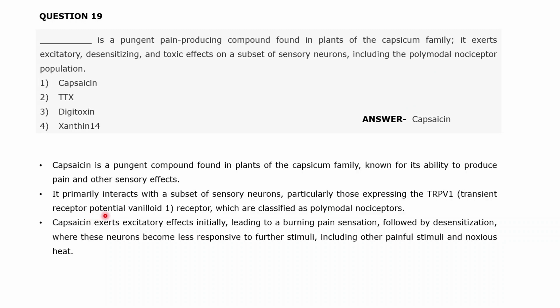So basically this effect is quite slow. It provides an excitatory effect initially, leading to a slow pain sensation, followed by desensitization, as you have read from the question, where these neurons become less responsive to further stimuli, including other painful stimuli and noxious heat.